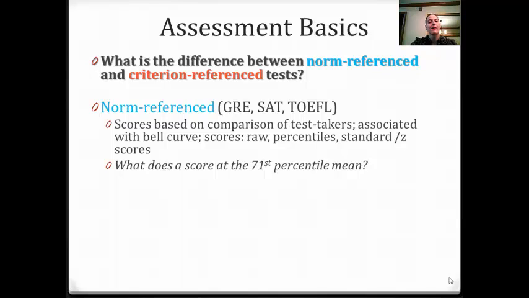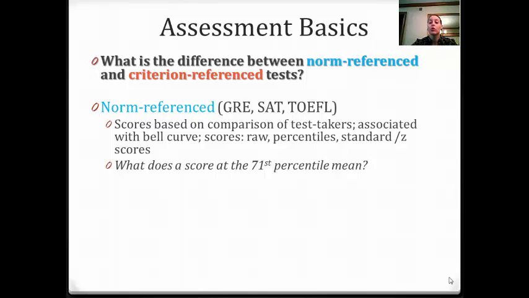That's very different from thinking, oh, I got 71% on the test. That's wrong. 71% of the test tells you how much of the information you got right. The 71st percentile means how you performed in comparison to other students who took that test.